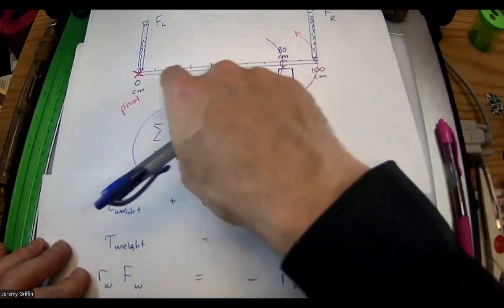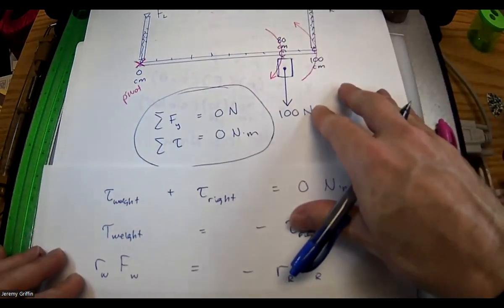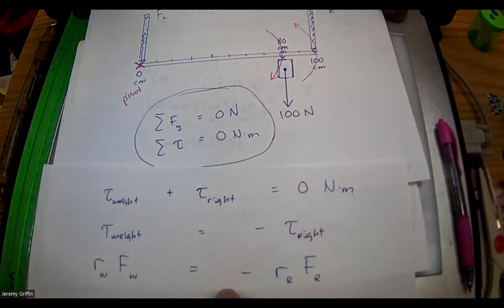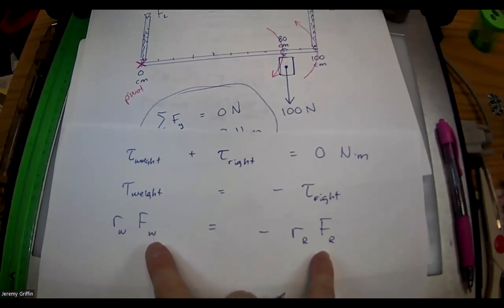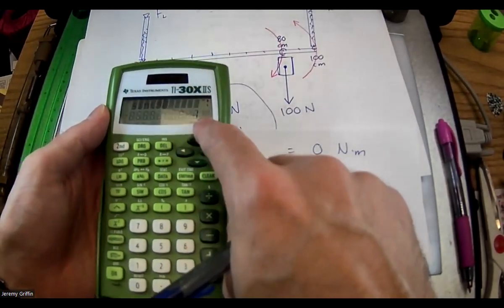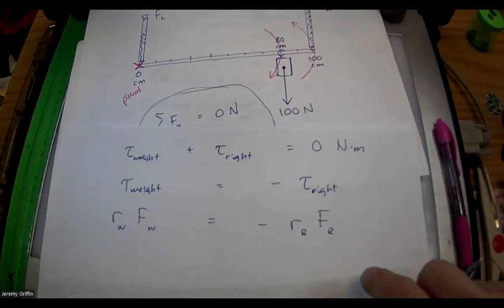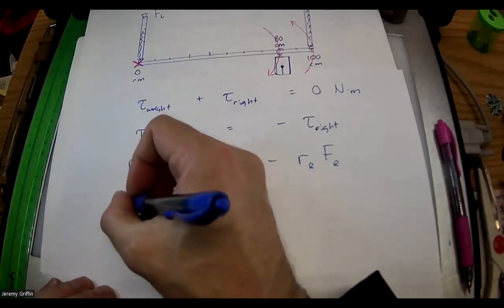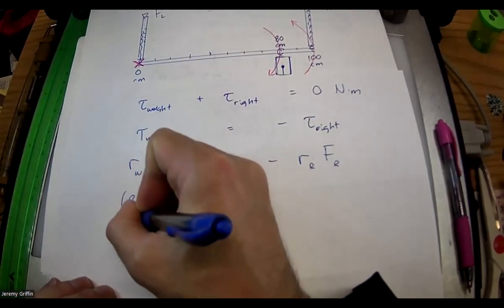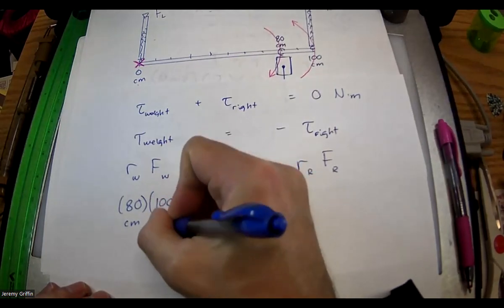Now, since the radial distances are always horizontal and the forces are always vertical, those are already perpendicular to each other. So sine of 90 degrees is just 1. In case you forgot that, sine of 90 degrees is 1. So I just keep what I have, R cross F. This distance is 80 centimeters, and the force is 100 newtons.